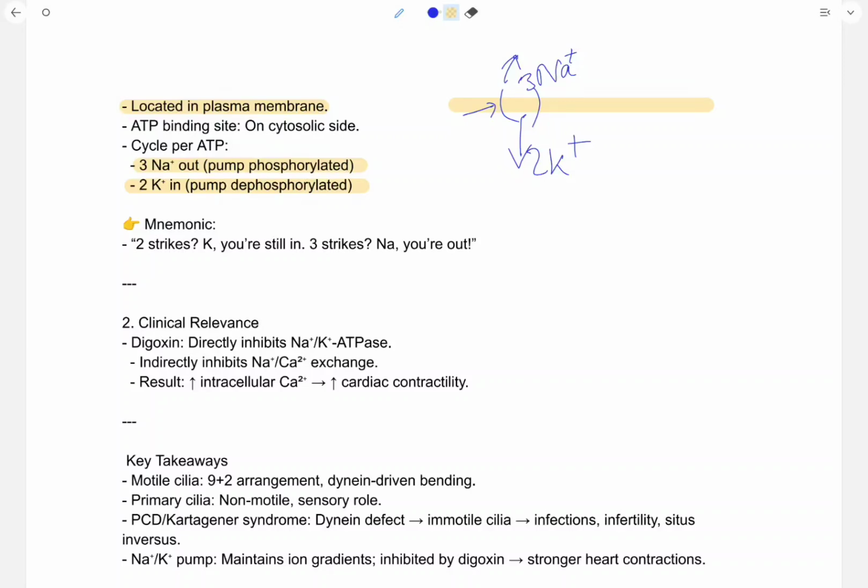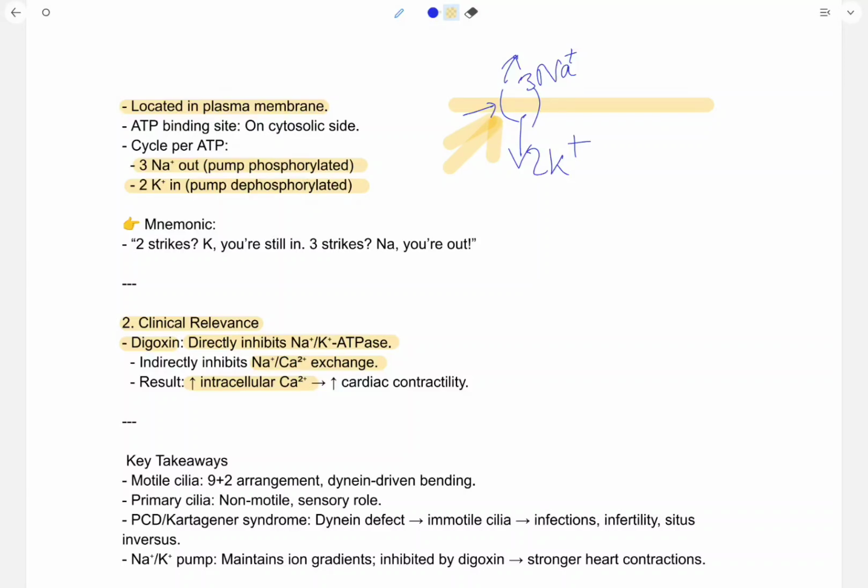Now I will discuss the clinical relevance of the sodium-potassium pump. There is a very important drug, digoxin. Digoxin directly inhibits sodium-potassium ATPase and indirectly inhibits the sodium-calcium exchange, which results in increased intracellular calcium.